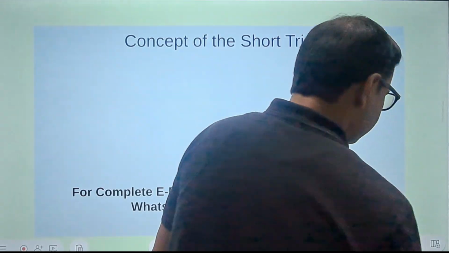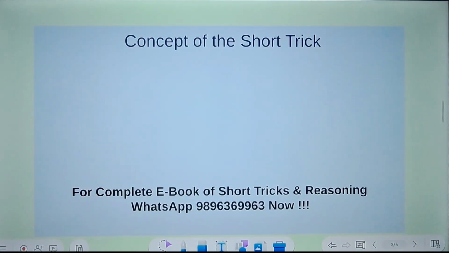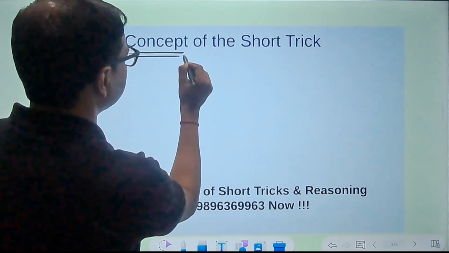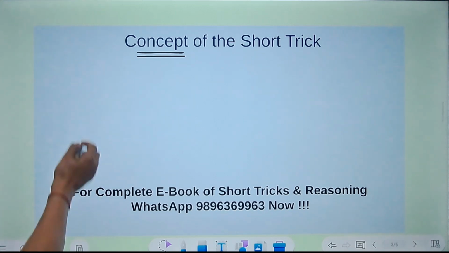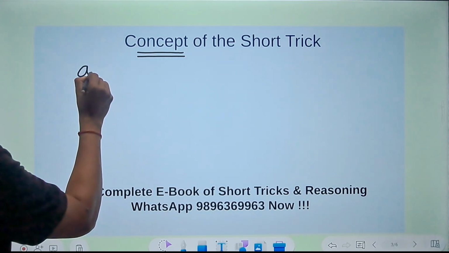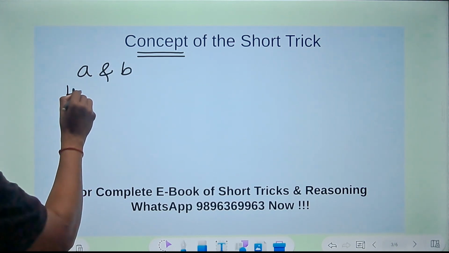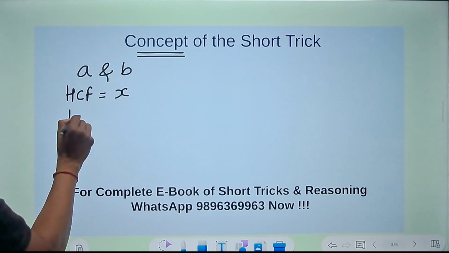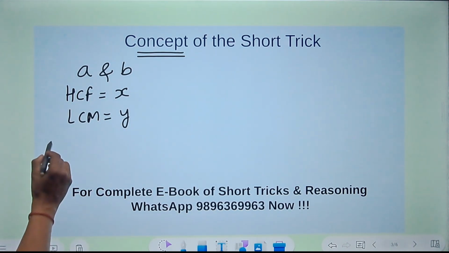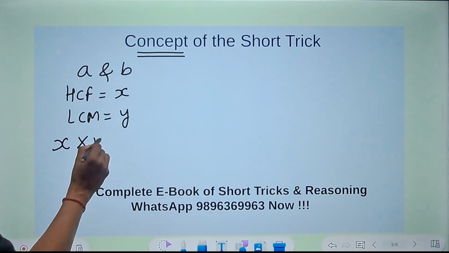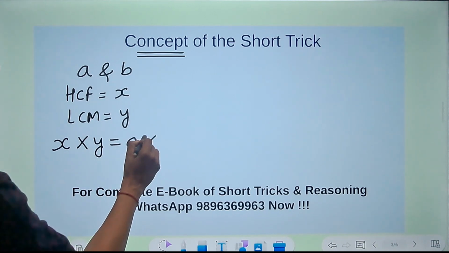Okay, let's study the concept of the short trick first. For understanding the concept, you need to know one of the very important properties of numbers whose HCF and LCM is to be found out. Remember, whenever you have two numbers A and B, and suppose the HCF of these numbers is X and the LCM of these numbers is Y, then there is a very important relationship between A, B, the numbers, and the HCF X and LCM Y. The product of HCF and LCM is equal to the product of the numbers.